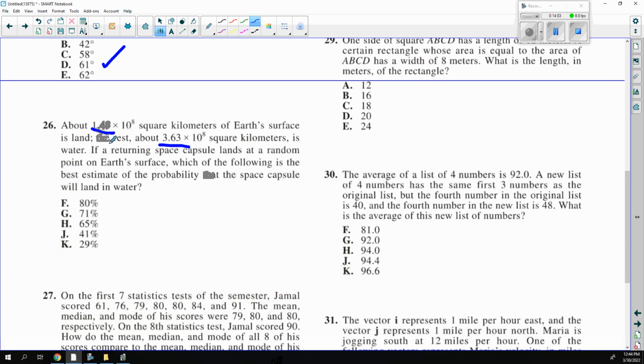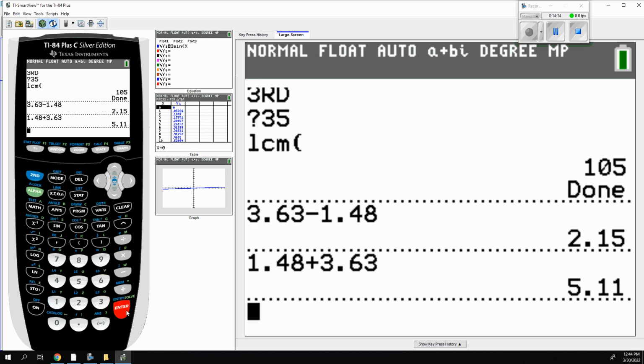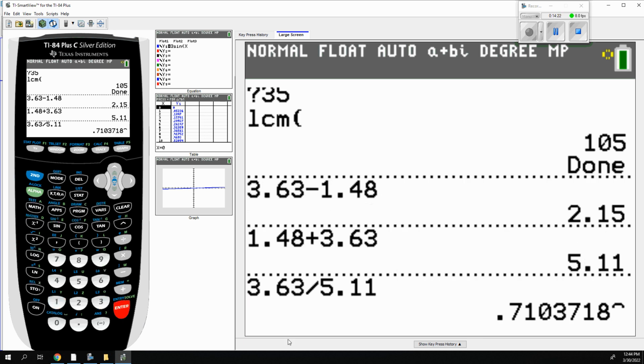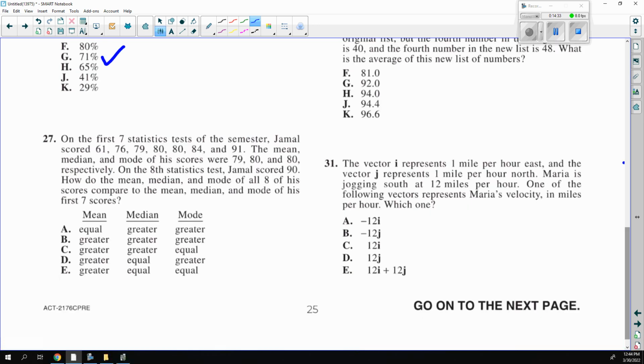So I did it wrong. You add 1.48 and 3.63 for the total, and water is the top. Water divided by the total. I'm ignoring the rest, so it's about 71%. I'm sorry, I blew that one because I misread it. Happens to y'all, I know, and it happens to me.